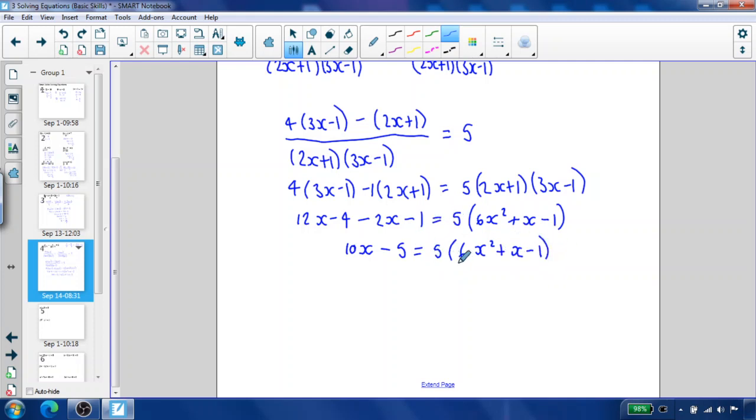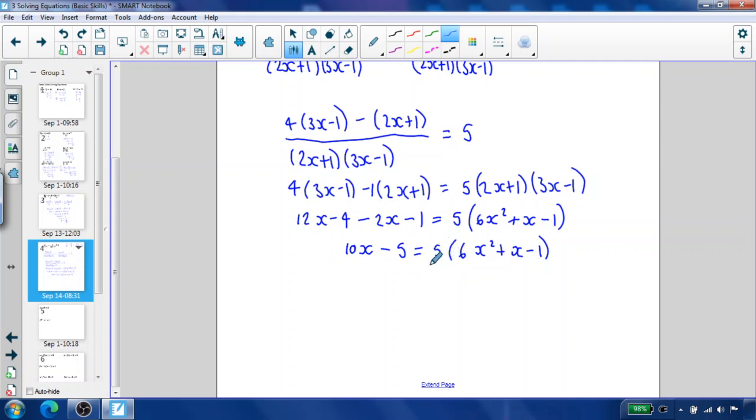Now I can start by expanding this and then moving everything over, but I've just spotted something. You may have spotted it too. It's like the very first about fourth example we looked at where we had a 5 brackets t minus 1. So instead of multiplying everything out, which is going to just get larger, I've just spotted over here that 10x minus 5 will divide quite nicely by 5.